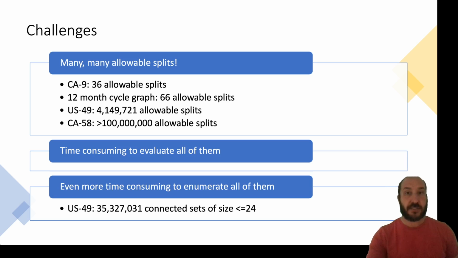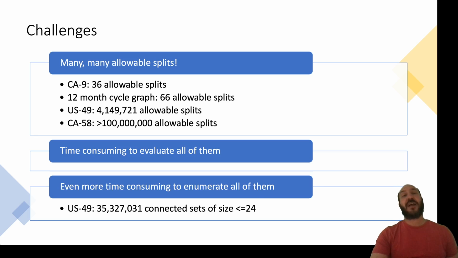Now, this sounds really simple and easy. What are some of the challenges you run into if you actually try to do this? Well, one is that there are typically many allowable splits. For a small graph like the 9-county graph of the Bay Area that I showed, there are only 36 allowable splits, and it's totally straightforward to examine all 36 of those splits. For the months of the year, that 12-month cycle has 66 allowable splits, also totally reasonable to examine them all.